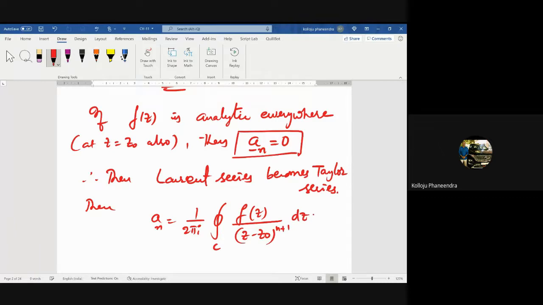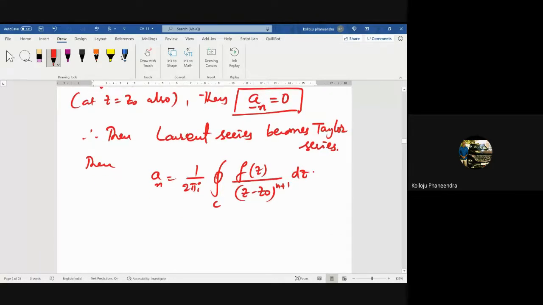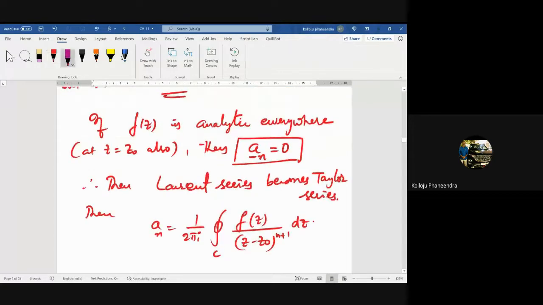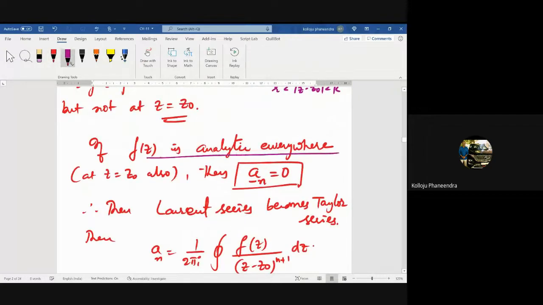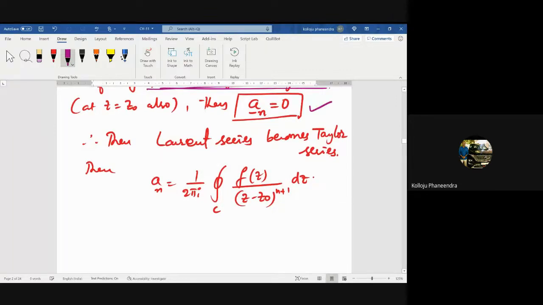Correct? This is the a_n formula. I'm talking about the case when f of z is analytic everywhere; then a_minus_n is always 0. But what happened to a_n? It is this formula, using Cauchy integral formula for derivatives.